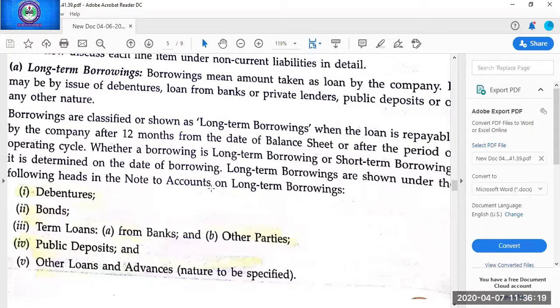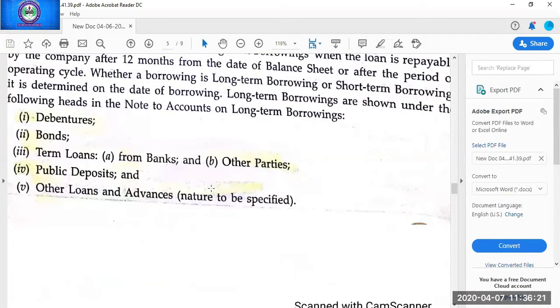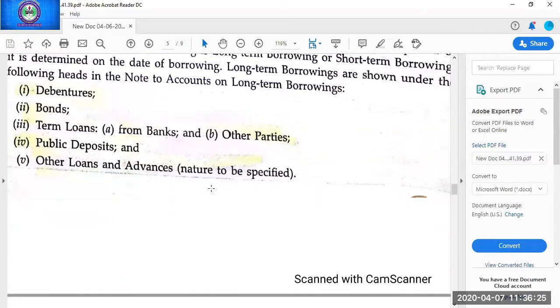Under long-term borrowing, you need not write any theory, just note down the examples. So what are the examples of long-term borrowings? Debentures, bonds, term loans, loans from banks and other parties, public deposits, other loans and advances, nature to be specified.